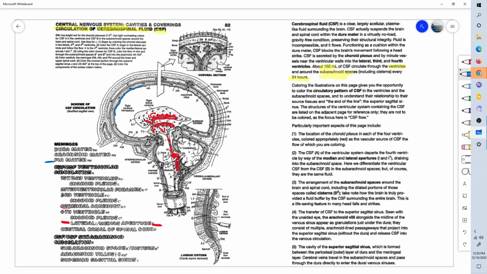The arachnoid mater is, of course, this layer right here, and below it the subarachnoid space. This is the space where the cerebrospinal fluid will be traveling through the subarachnoid space. It's the arachnoid mater, yes.